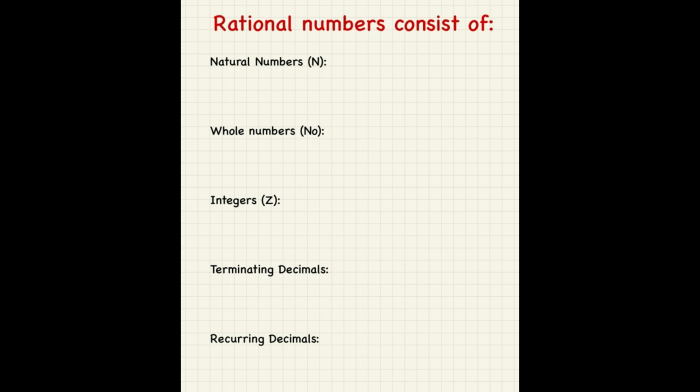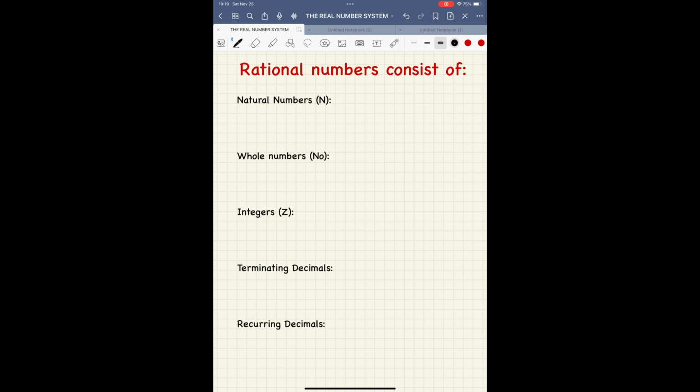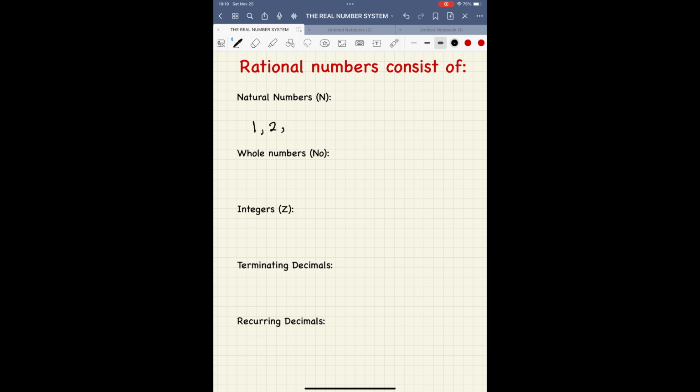Rational numbers consist of natural numbers, whole numbers, integers, terminating decimals, and recurring decimals. Natural numbers, which are identified by the symbol N, are numbers which start from 1. So you will have 1, 2, 3, and so on.